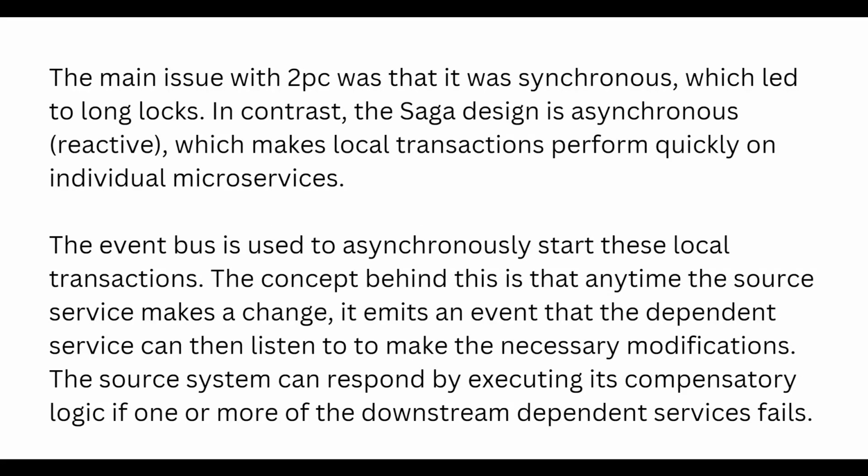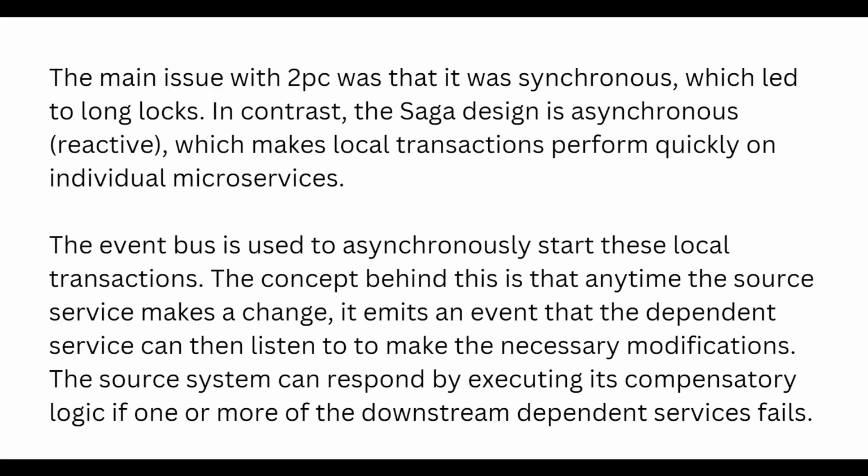Now, talking about Saga pattern, which is better than your two-phase commit. The main issue with two-phase commit was that it was synchronous, which led to long locks. In contrast, the Saga design is asynchronous, which is reactive, which makes local transactions perform quickly on individual microservices. The event bus is used to asynchronously start these local transactions.